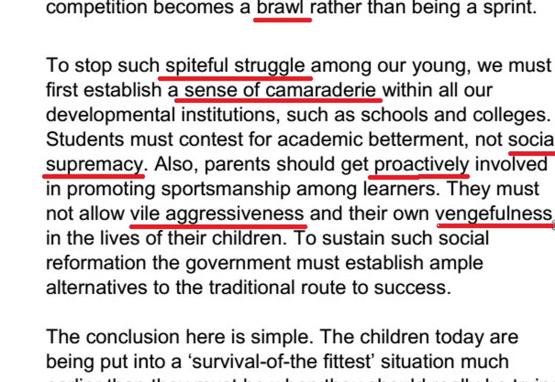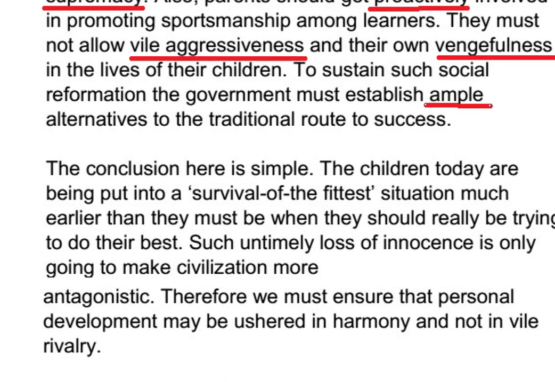Vengefulness, that's a good word. Ample alternatives. Ample is a good word to use. They're trying to do their best. Untimely loss. Oh, that's good. Untimely and loss go all together.